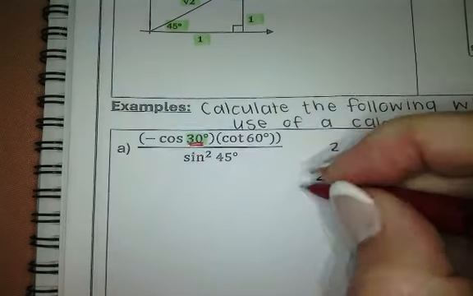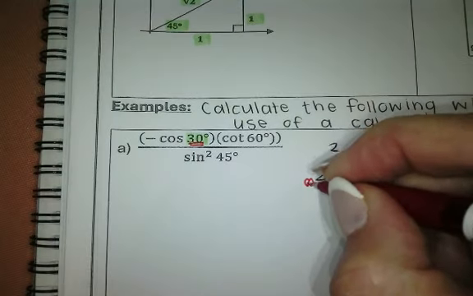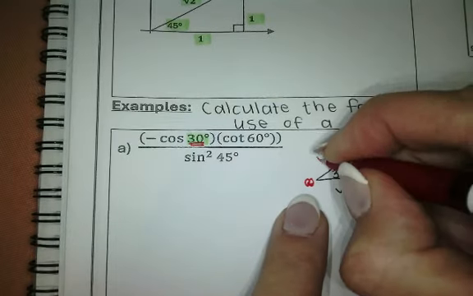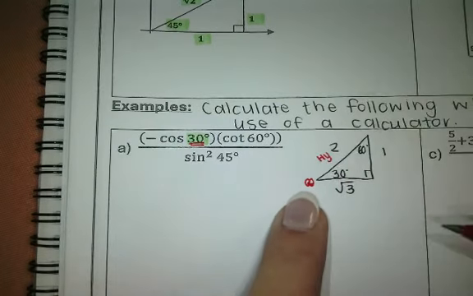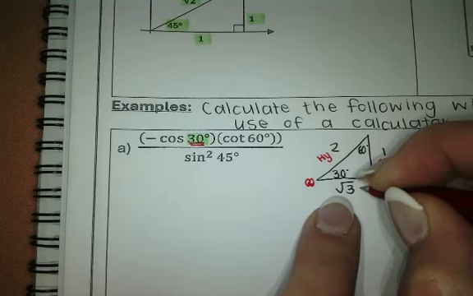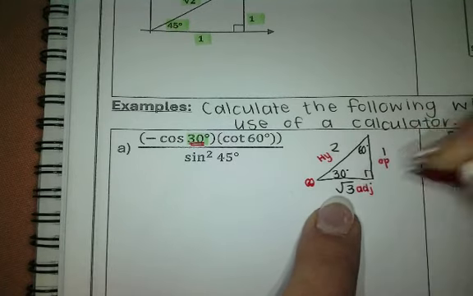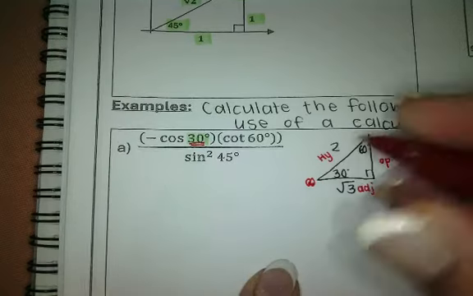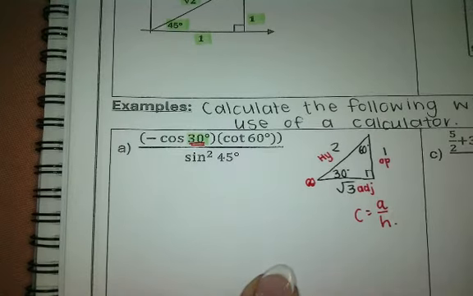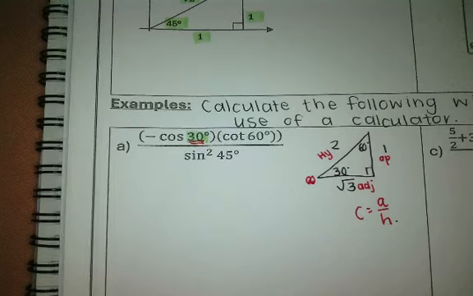We place our eyes here, and when we do, 2 is our hypotenuse. This side is our opposite, and this side is our adjacent. We know cos is CAH: adjacent over hypotenuse.